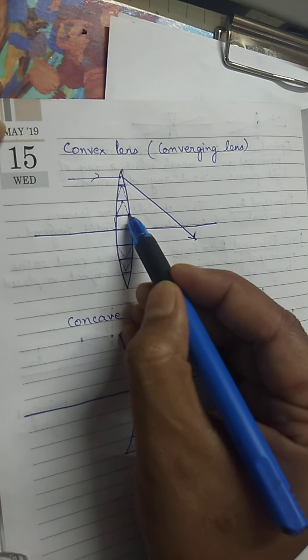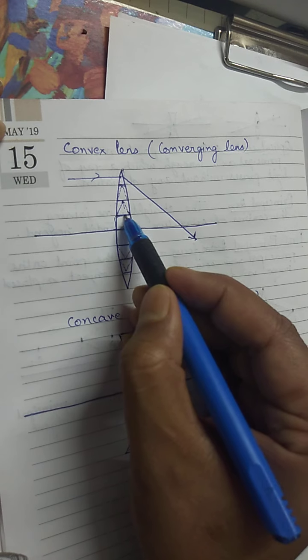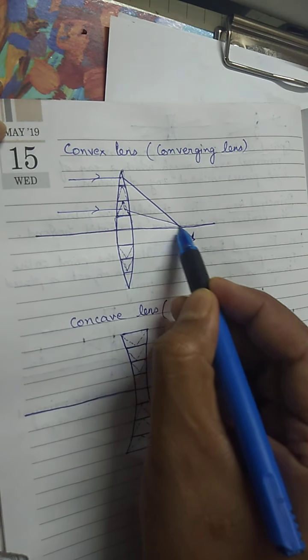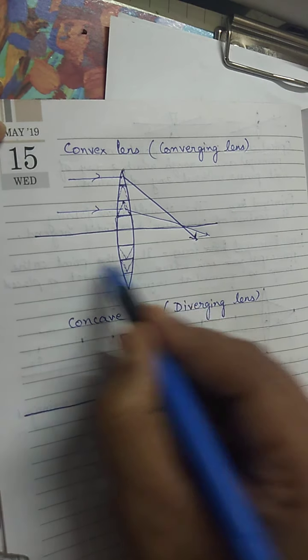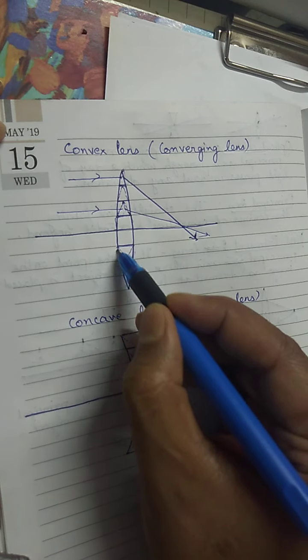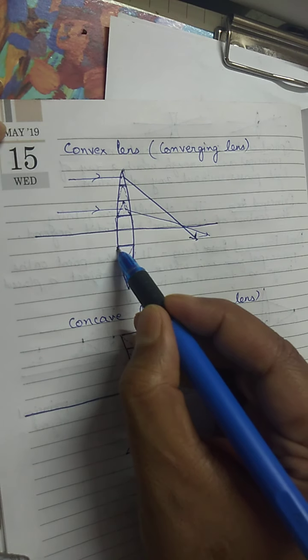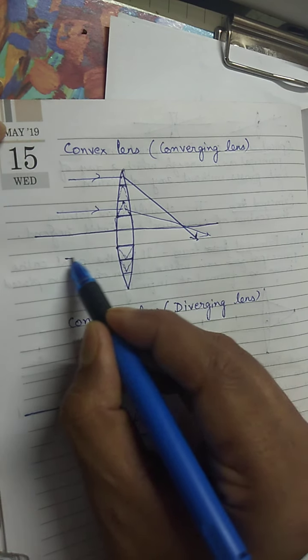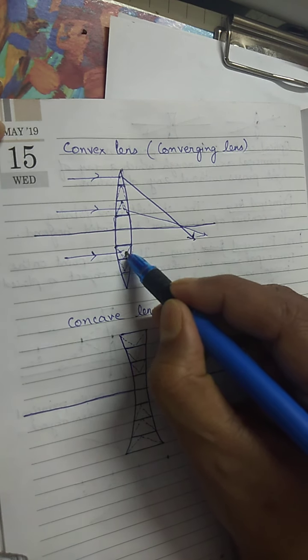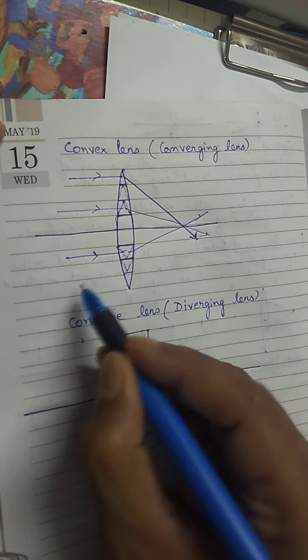Similarly, suppose for this prism, this is the broader side, so this will act as the base. So this will also bend towards the base. Similarly, if we come below, in this part, this is the broader part, so we can consider this to be the prism, and this the base. So the ray will go towards the base, that means towards the principal axis.